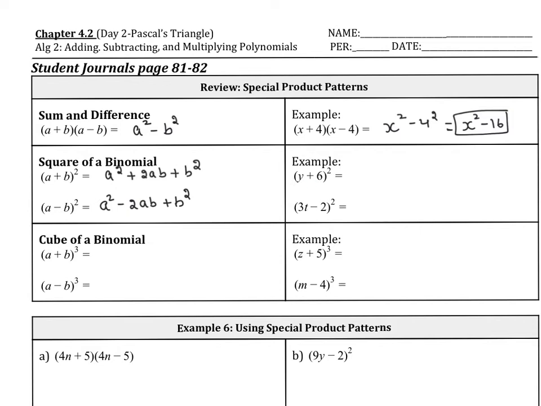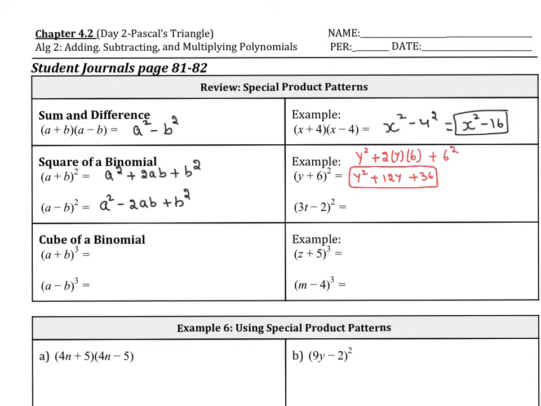I'm going to write a squared, which is y squared, plus 2 times a times b plus b squared. So I'm going to get the answer as y squared plus 12y plus 36. And that's going to be the standard form of the binomial y plus 6 squared.